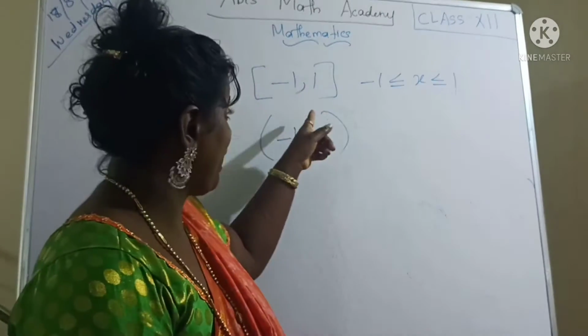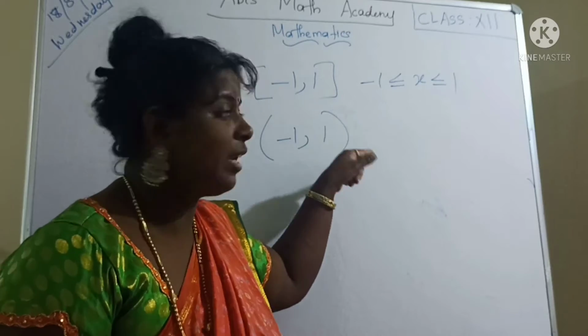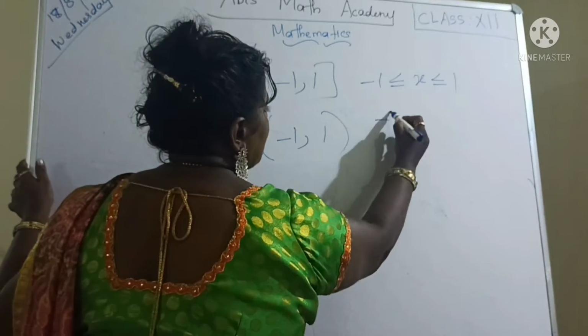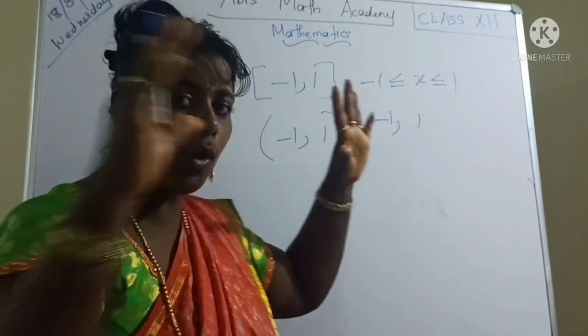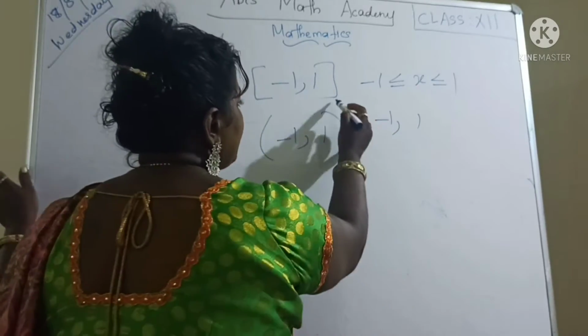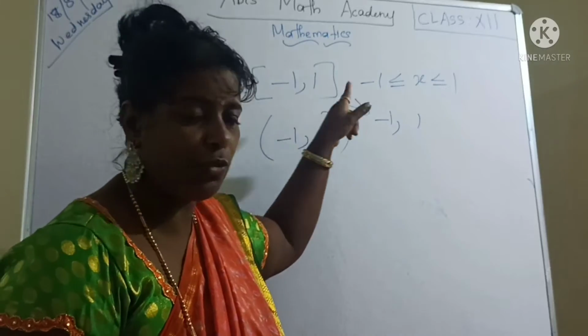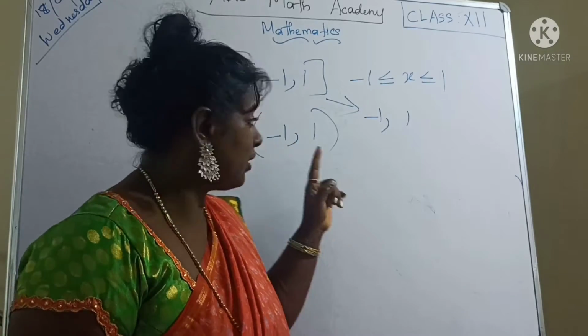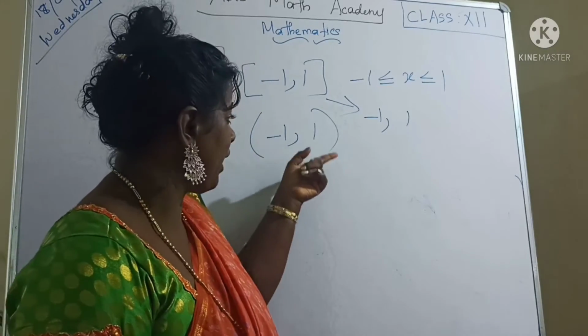So the closed interval minus 1 to 1 is an interval which contains minus 1 and all points in between minus 1 and 1. Next, let's see this open interval minus 1 and 1.